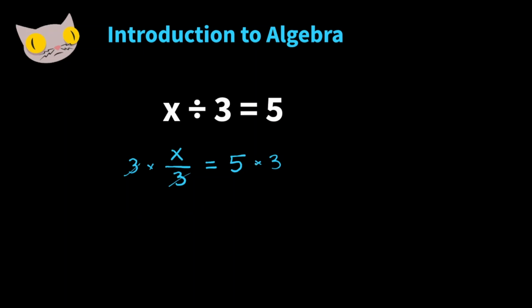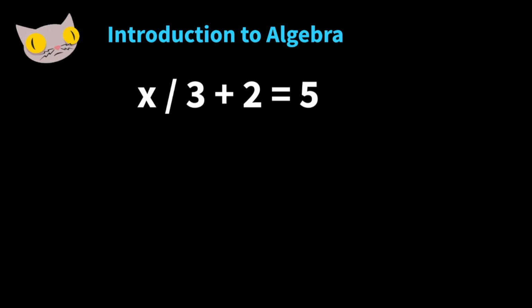And 5 times 3, that's going to give us 15. So our x is equal to 15. Quick check, let's put this 15 where this x was. We'll do this over here to the side. 15 over 3, that's going to give us 5.